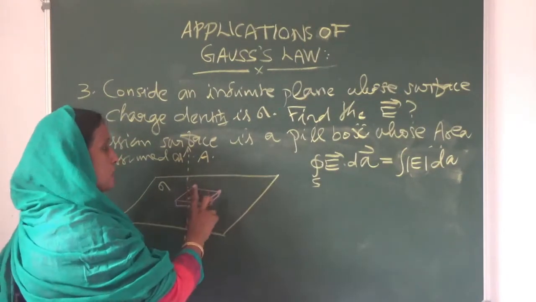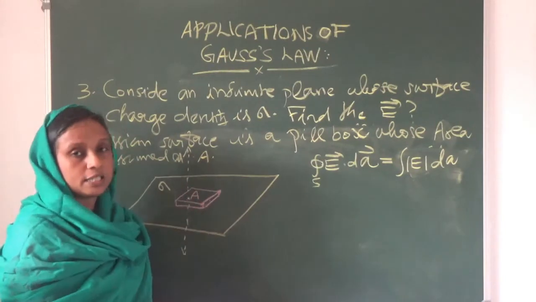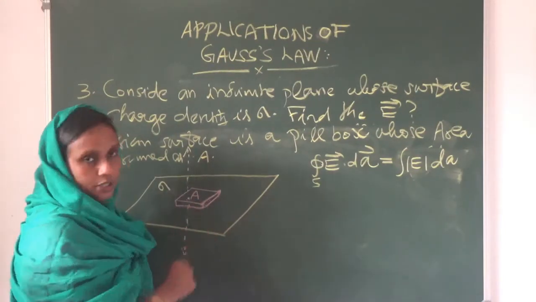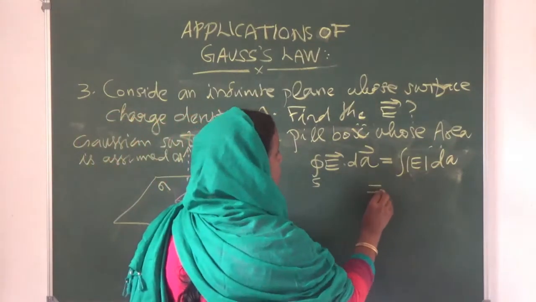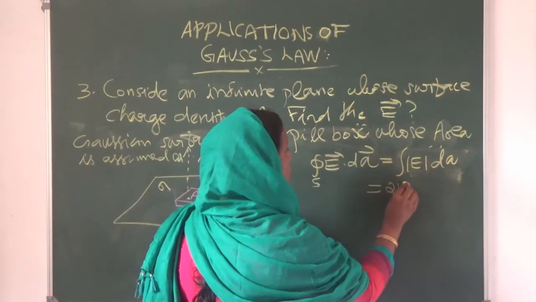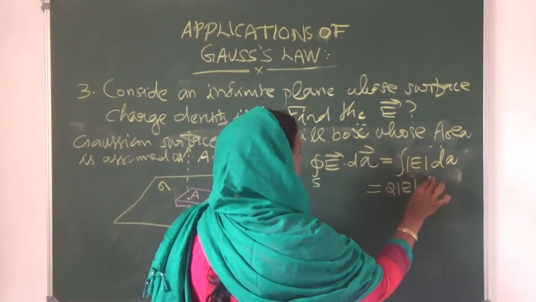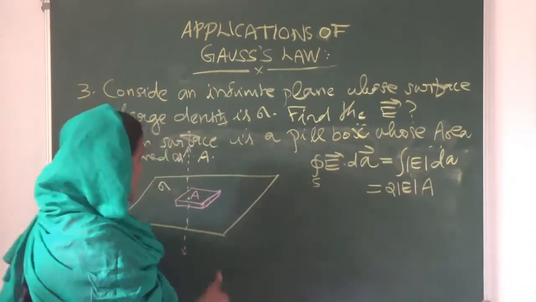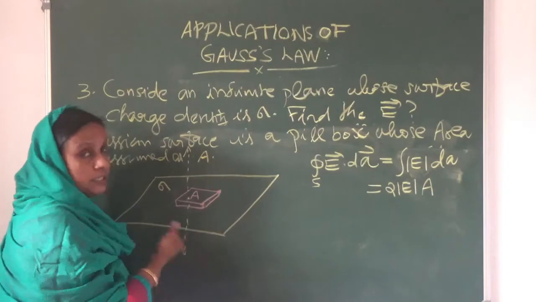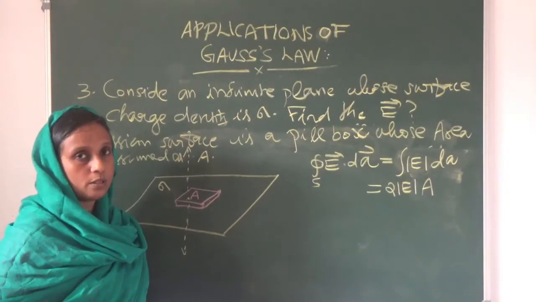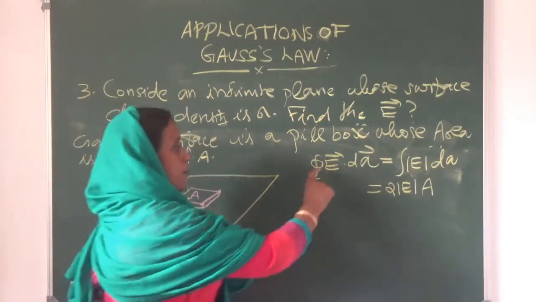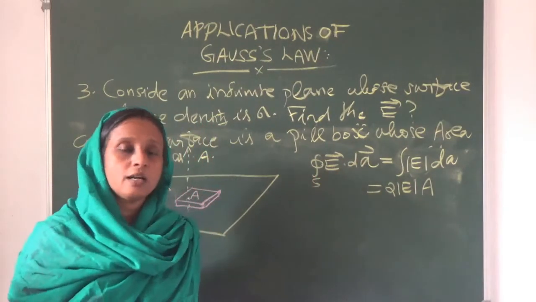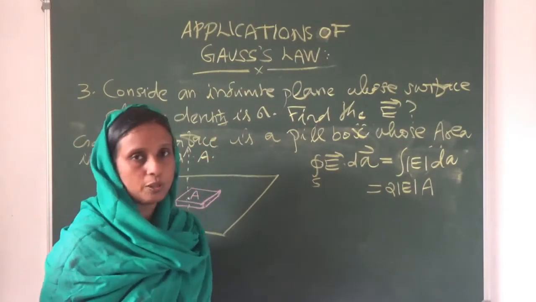We have only the upper and lower surfaces in this case. Okay, so you can write here this is equal to 2 mod E A, the area of the upper surface and its opposite surface. On all other sides, E dot dA is zero since they are mutually perpendicular.